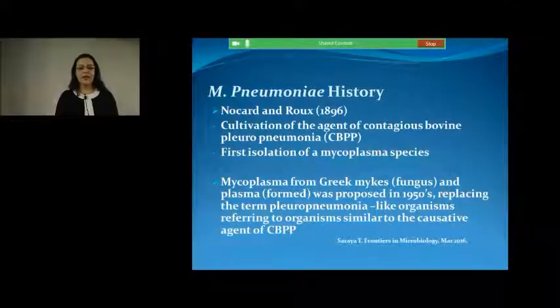The name Mycoplasma comes from the Greek mykes, meaning fungus, and plasma, formed, and it was proposed in the 1950s, replacing the term pleuropneumonia-like organisms, referring to organisms similar to the causative agent of contagious bovine pleuropneumonia.